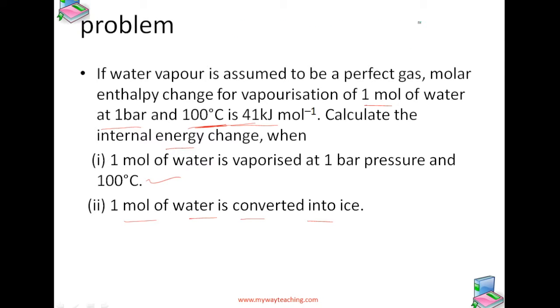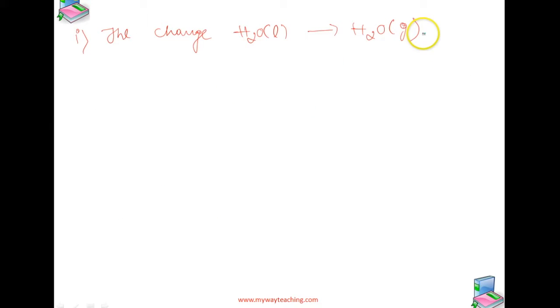So in the question, water is vaporized and assumed to be a perfect gas, meaning it is converting from liquid to gas. So for the change in enthalpy, we know the formula: delta H is equal to delta U plus delta Ng into RT.